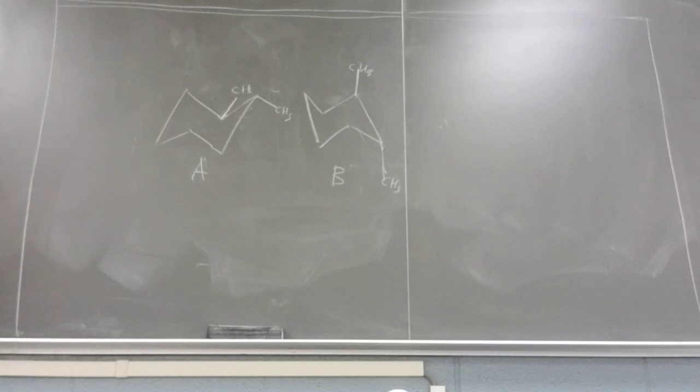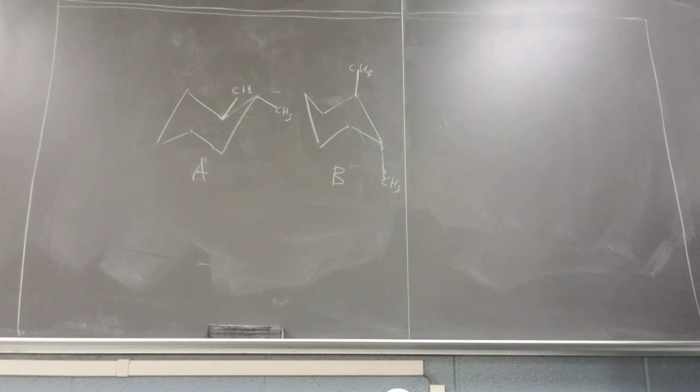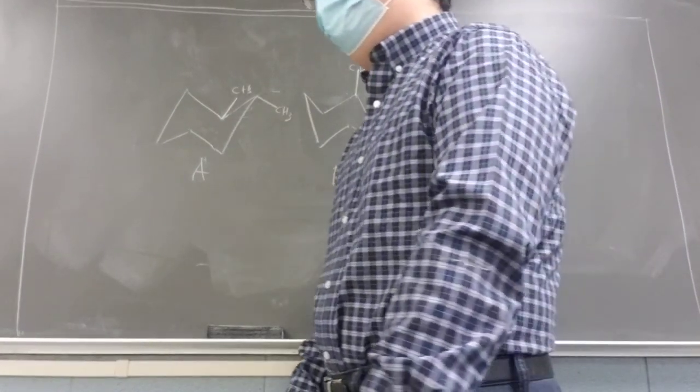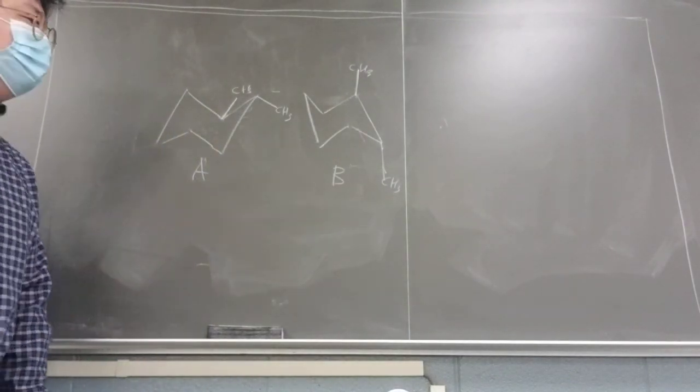Okay. In this case, this is different from the cis one. Okay. So let's talk about it. Try to draw the hydrogen on the cyclohexane base and see what happens to them. Okay. Then you have 2 methyl groups on trans position.